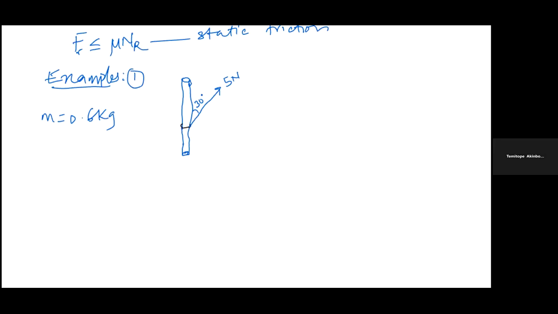Question A. Find the frictional force acting on the ring.